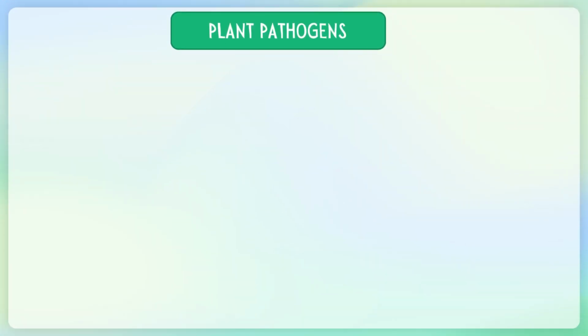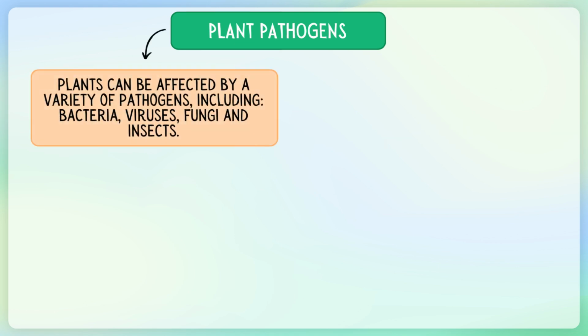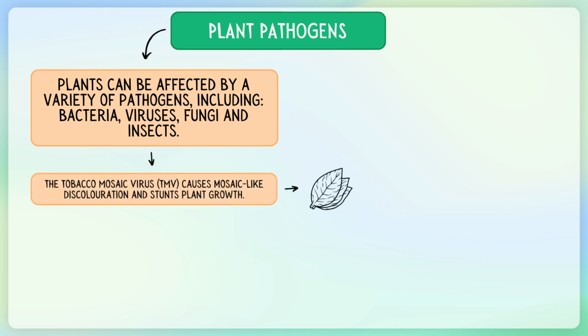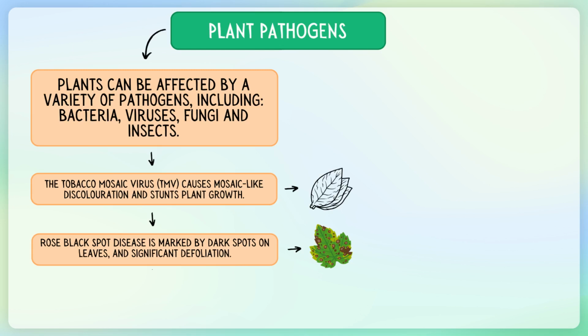In today's lesson, we explored various plant pathogens, including viruses, bacteria, fungi, and insects. We learned about the Tobacco Mosaic Virus, TMV, which causes mosaic-like discoloration and stunts plant growth. We then discussed rose-black spot disease, which is marked by dark spots on leaves, as well as significant defoliation.